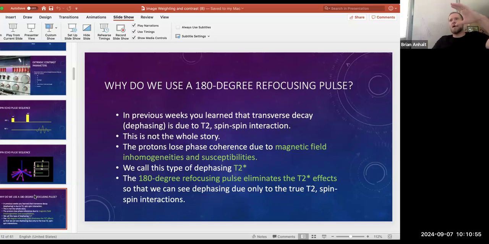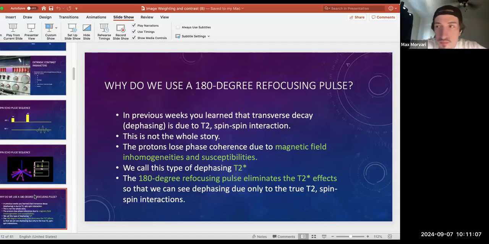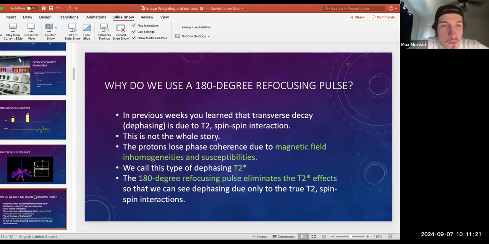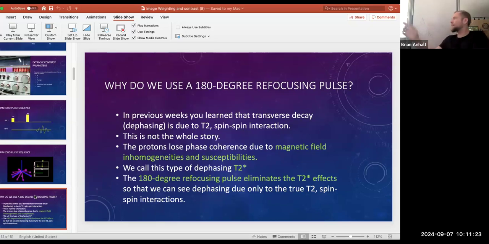So if I have part of the magnet that's 3 Tesla and then I have another part that's 2.9 and then 3.1, am I going to have protons precessing at the same frequency? Absolutely not, right? How am I going to keep phase coherence if one is going faster than the other? We're not, right? So due to the inherent inhomogeneities of the magnet, we lose phase coherence very quickly. Therefore, we lose transverse magnetization very quickly.